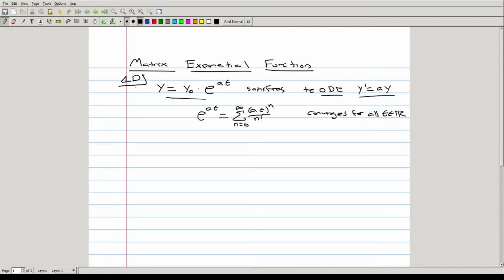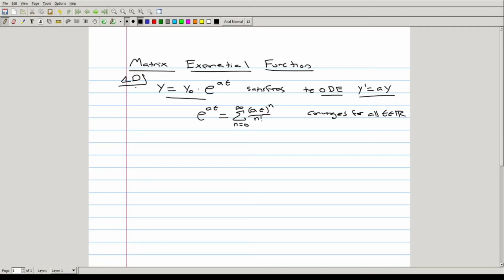case. It turns out that what's in my mind amazing is that we can do this and define what's called the matrix exponential. And not only that, we can use this idea to actually get at what the fundamental solution matrix is going to look like for a linear constant coefficient system of first order ODEs.